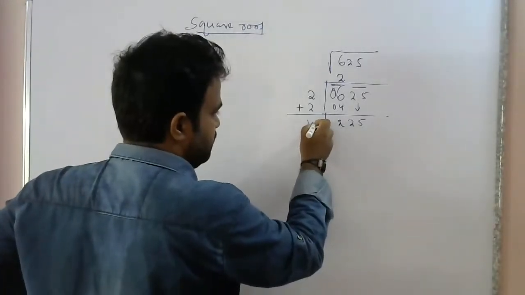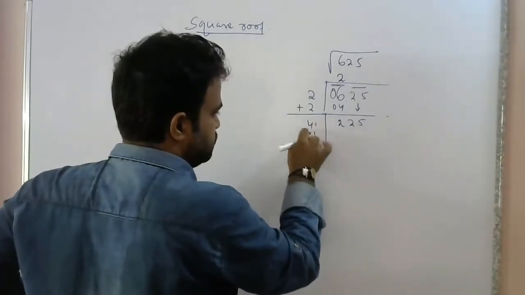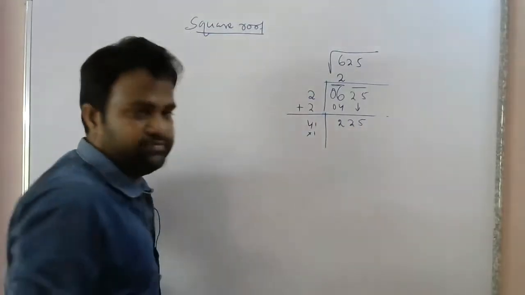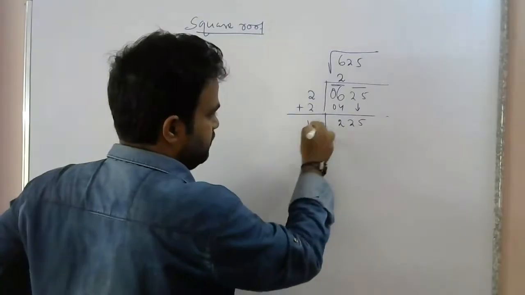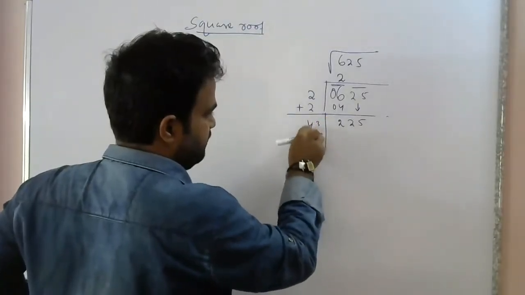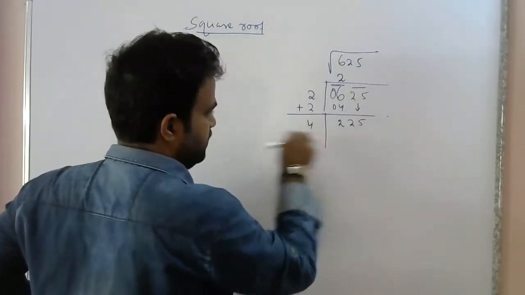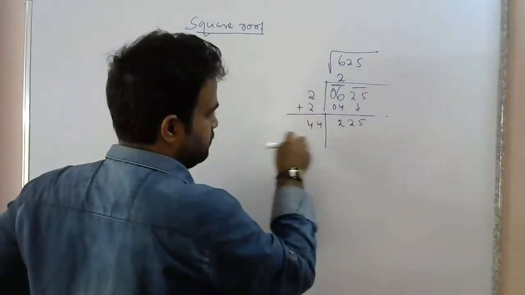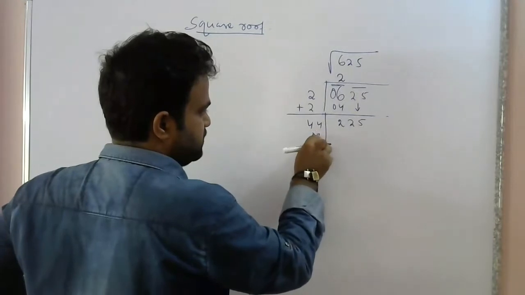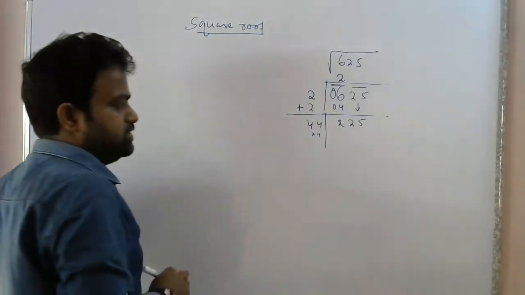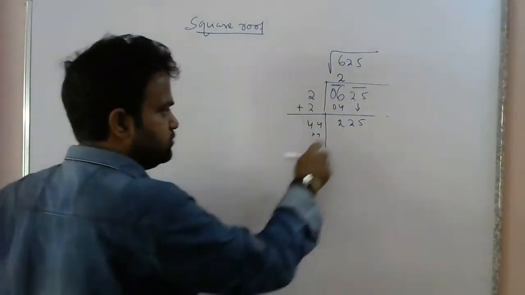If I write 41 into 1, 41 is very much less than 225, so I will not do that. If I write 43 and 3 times 43 is 129, it's also less. If I write 4, then 44 times 4 is 160 plus 16, 176, which is also less than 225.